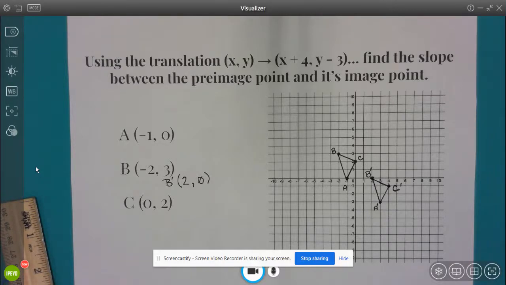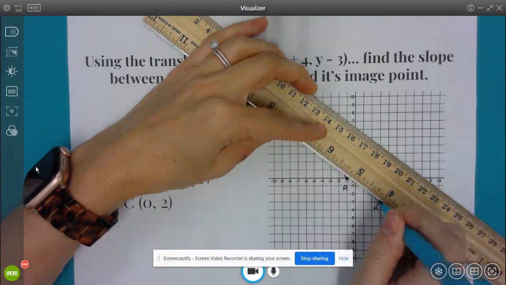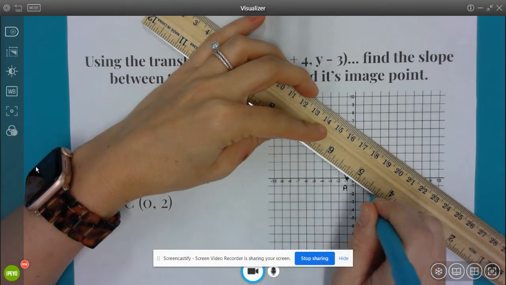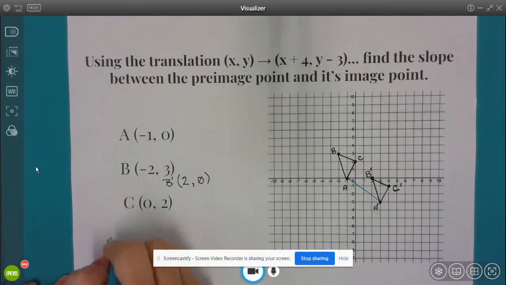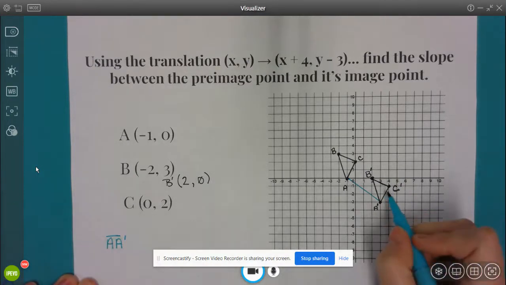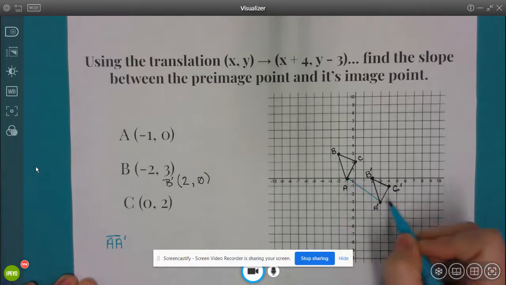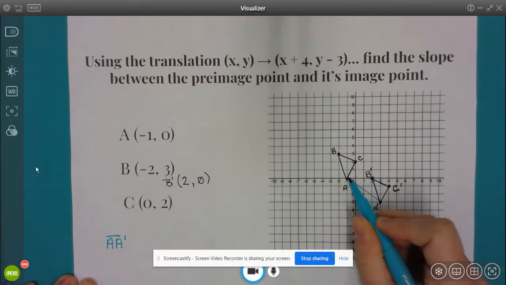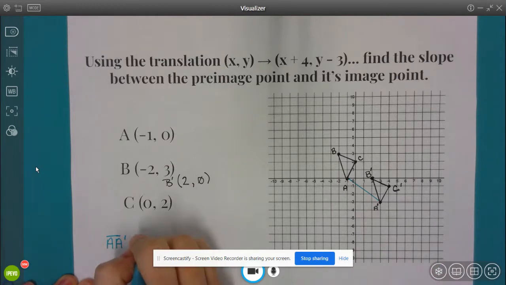So what we're asking you to do in this, if I connect A and A prime, what would the slope of line A A prime be? Well, I'm going up and over, so I had to go up 3 and over 4. This is a negative slope, so it is negative 3 over 4.